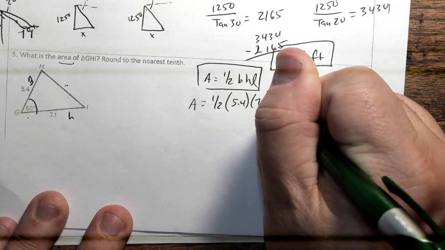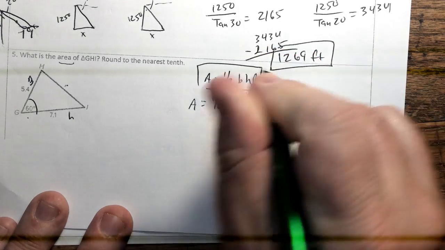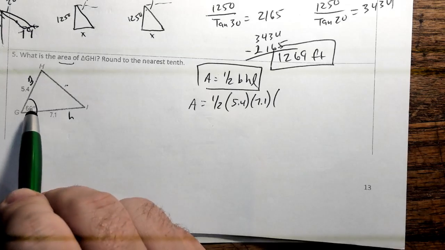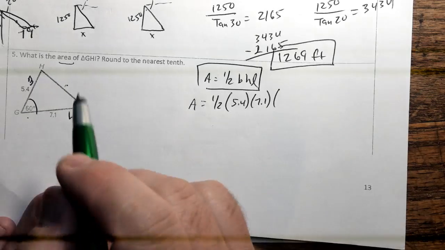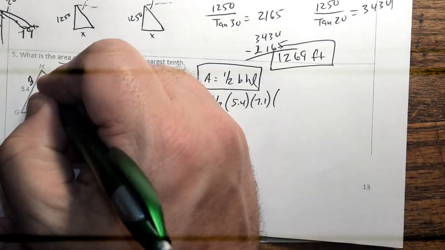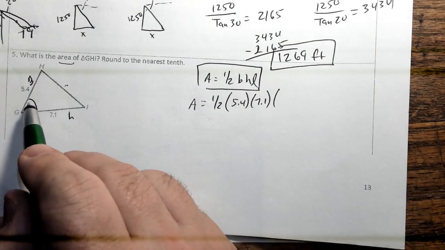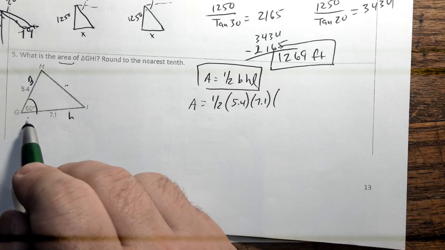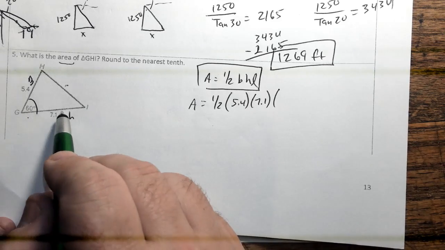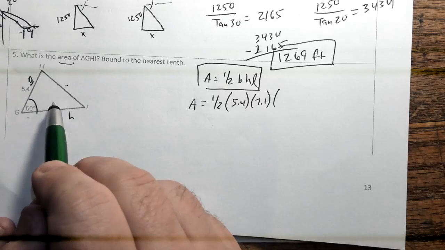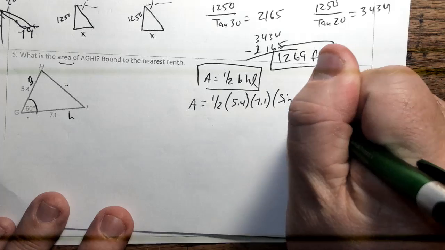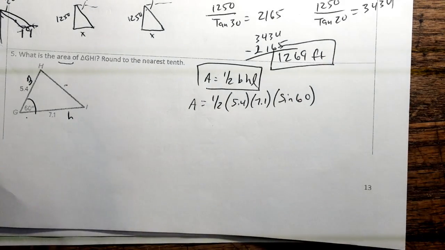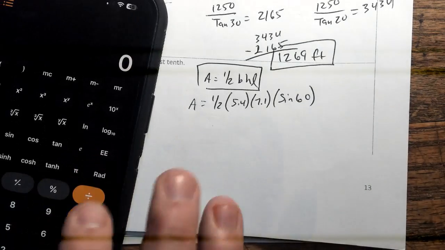It's going to be sine. This does not look like a 90-degree angle, so I'm going against everything I told you guys, but they're saying sine 60. I'm going to go with it. We're going to see if we can find some Khan Academy or something to help us with this one.